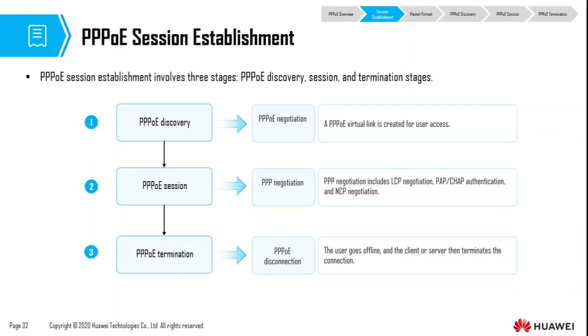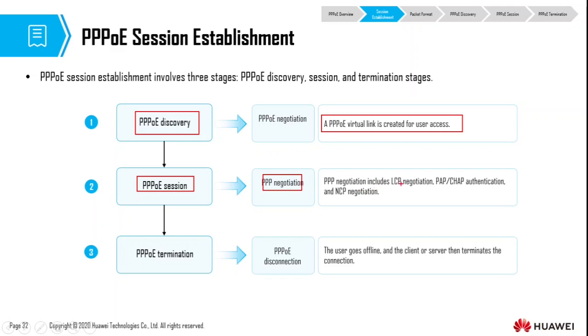Normally a PPPoE session is established through three stages. The very first step is called PPPoE discovery. In PPPoE discovery, we negotiate and set up a PPPoE virtual link. After that, we create a PPPoE session. The PPPoE session is simply the PPP negotiation, which, as we understand, includes LCP negotiation, optional authentication, and NCP negotiation.